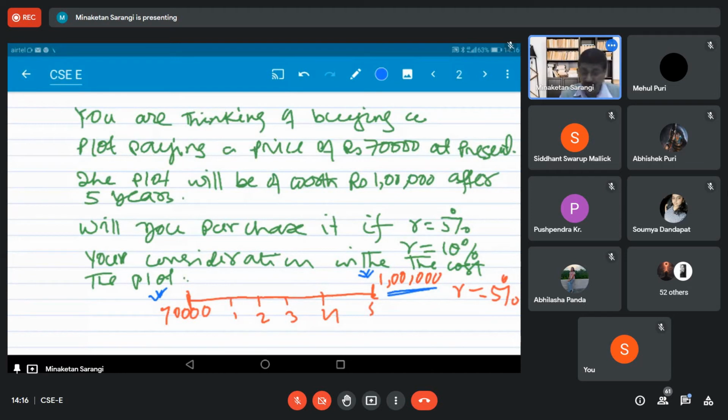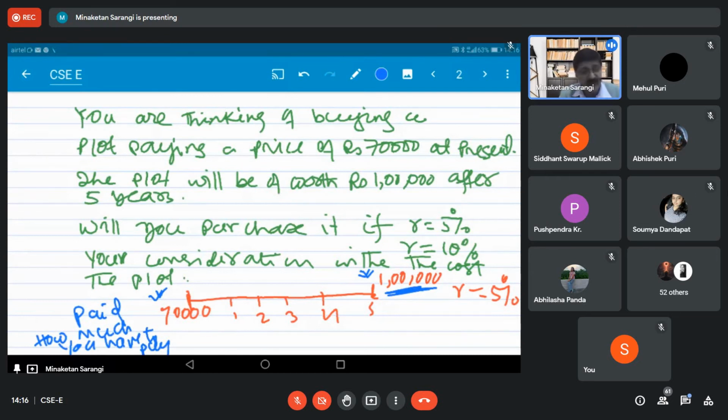Or what is the present value of the 1 lakh that you will receive after 5 years? How much is its value today? So this is the cost. If you will receive this 1 lakh, how much do you have to pay at present?